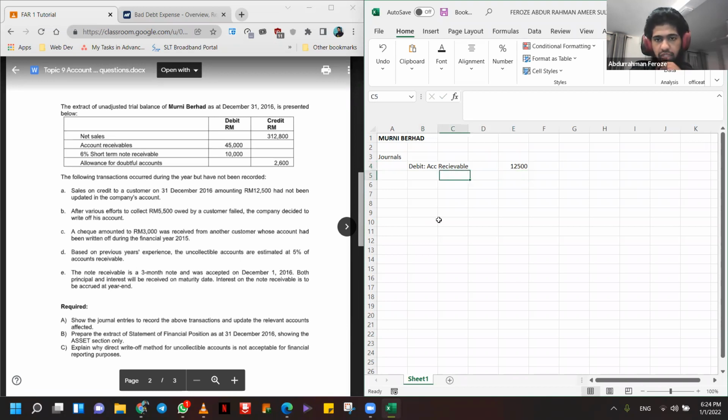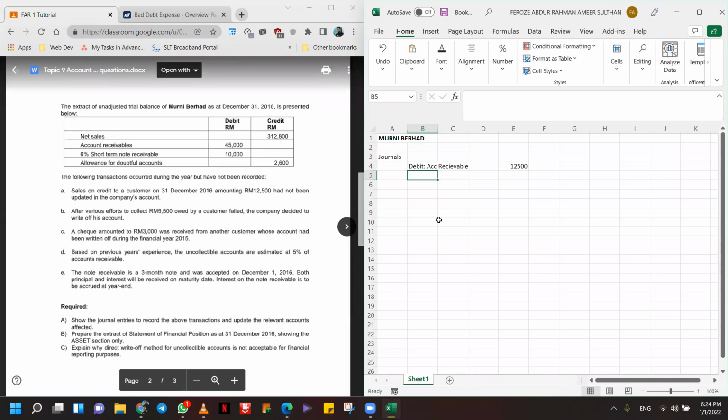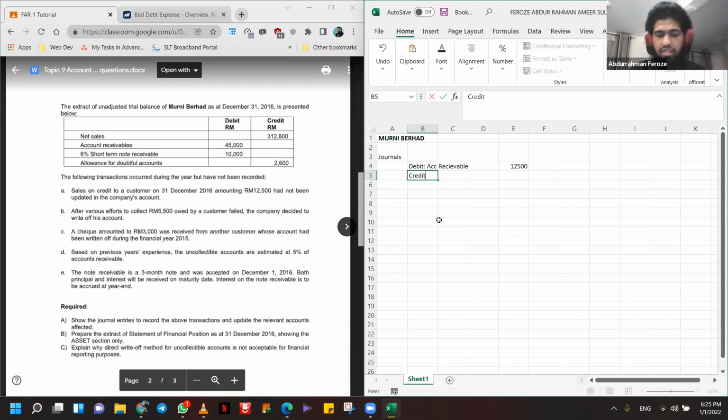And then what do you credit? Credit sales. Yes, you credit sales revenue, or basically net sales from what you have. Let's make it sales revenue, because they have just told us that there was a transaction that happened during the year, and the company has not recorded it. It was a credit sale.